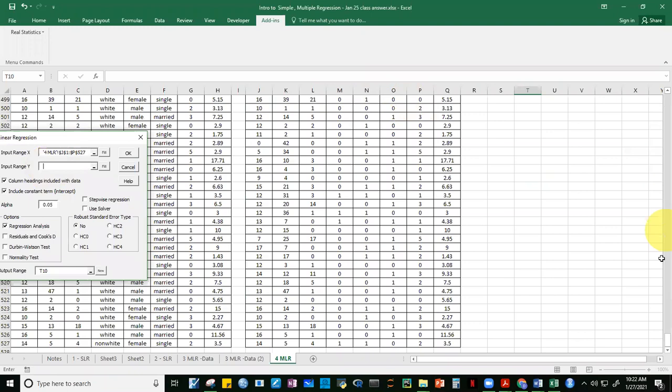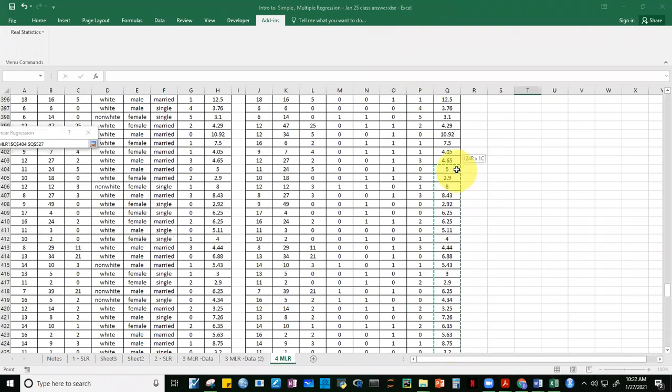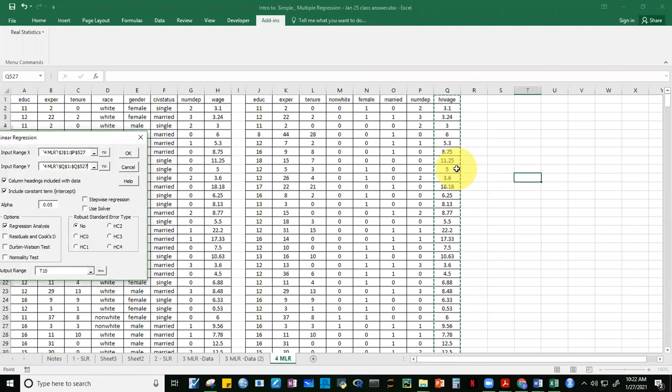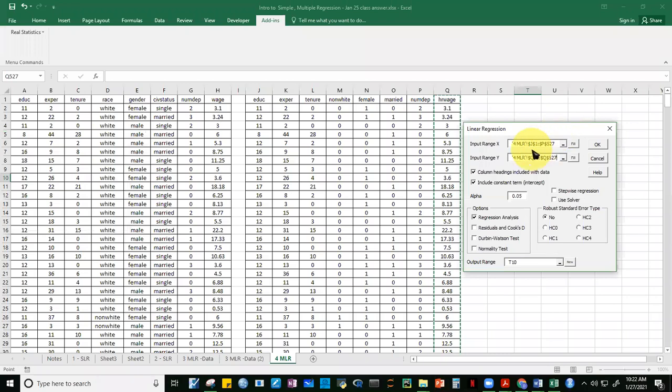And then input Y is, okay, I hope we're on the same page. X natin will be from J1 up to P527.